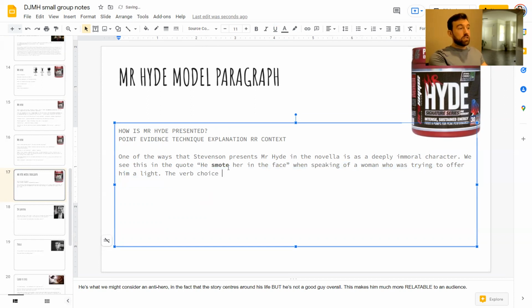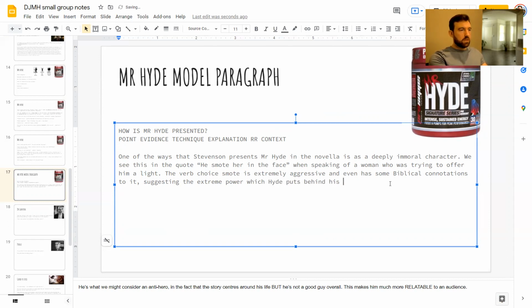The verb choice "smote" is extremely aggressive and even has some biblical connotations to it, suggesting the extreme power which Hyde puts behind his hitting of the woman.